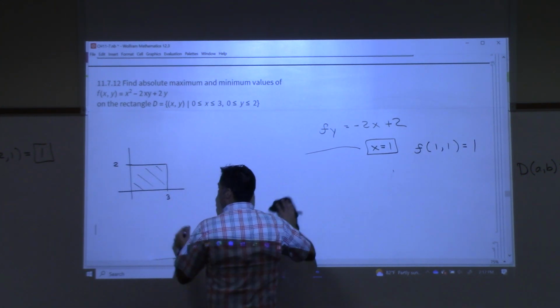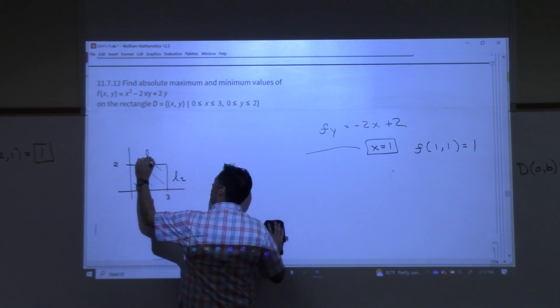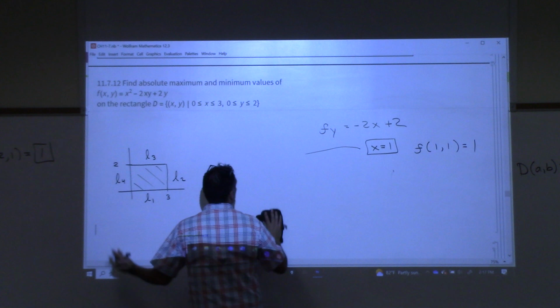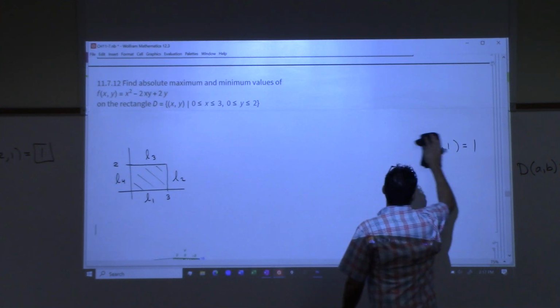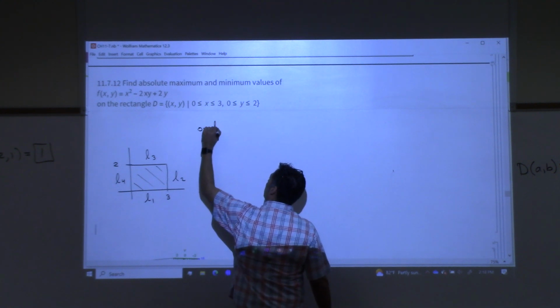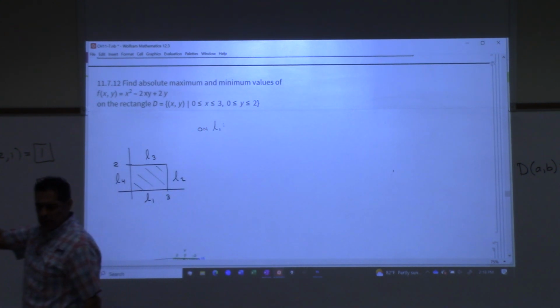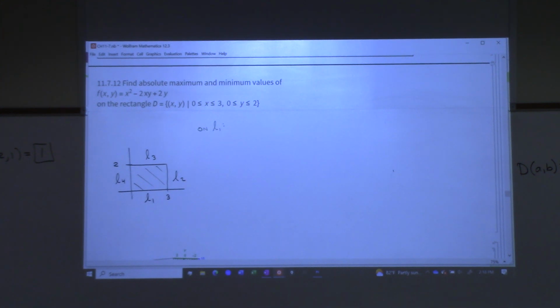Now the harder part. Let's go around here. L1, I'll go counterclockwise. L2, L3, L4. All right. Let's talk about what's happening on L1. Who wants to volunteer? Tell me about all the points on L1.